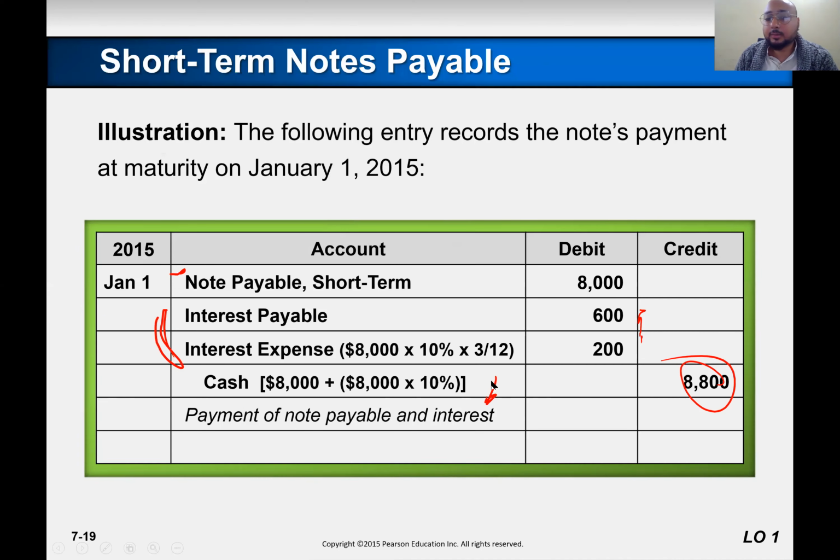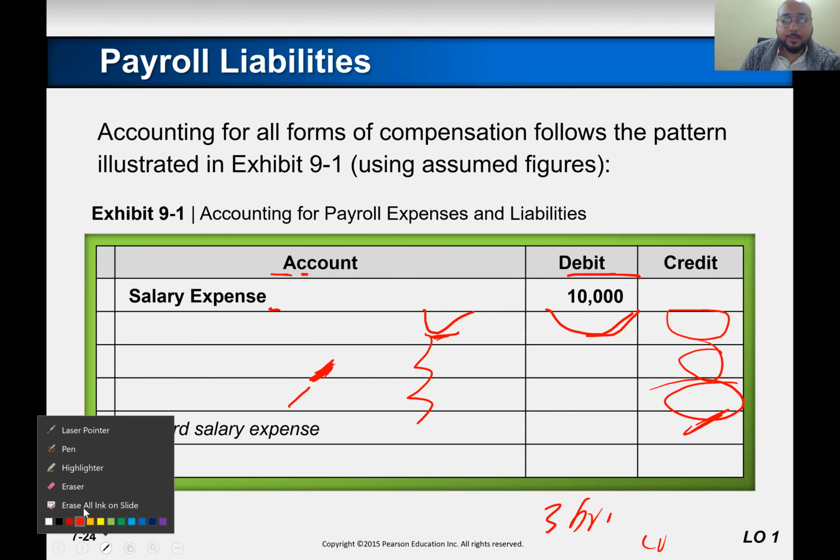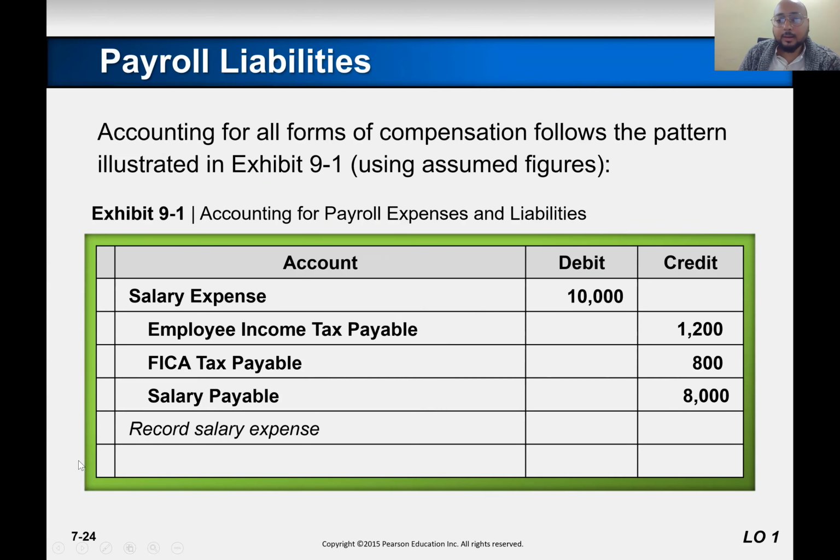And this entry in payroll liabilities, in which you see there is 1 debit and 3 credits, how do we pronounce it? Salary expense 10,000, to employee income tax payable 1,200, to FICA tax payable 800, to salary payable 8,000, right? So the word 'to' is pronounced before the credit item, credit account. Okay.